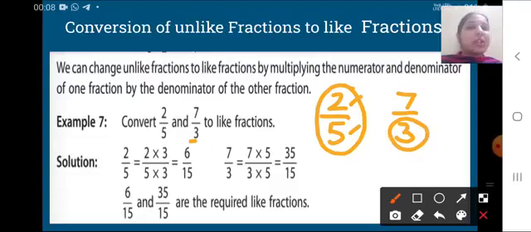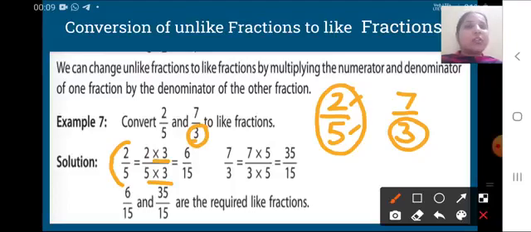Here you can see we have multiplied 2 upon 5 by the denominator of the other fraction, that was 3. So here we have multiplied 2 by 3 and then 5 by 3, both the numerator and denominator, by the denominator of the other fraction, which is 3 here.